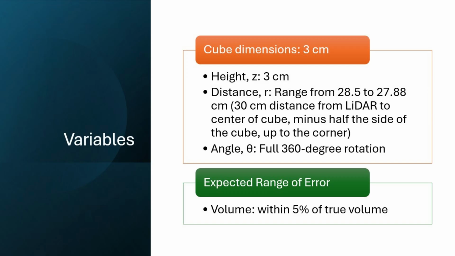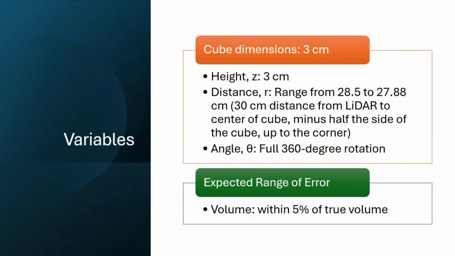So the variables that we're paying attention to are the height, the distance from the LiDAR sensor to our specimen, and the angle theta. We can obtain our height z and our angle theta from information of our stepper motors and their positions and the rate at which they're turning. We can obtain our distance to whatever object we're scanning from the NI DAC in the basic LabVIEW.